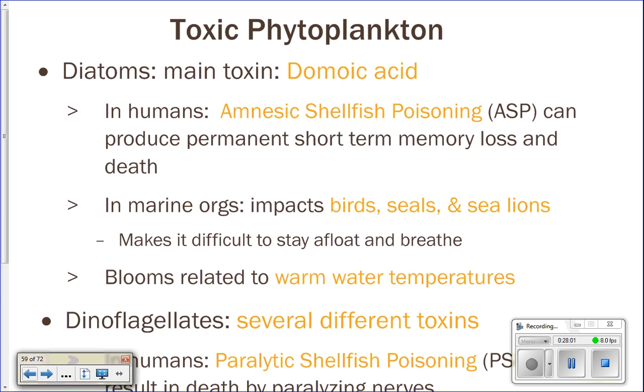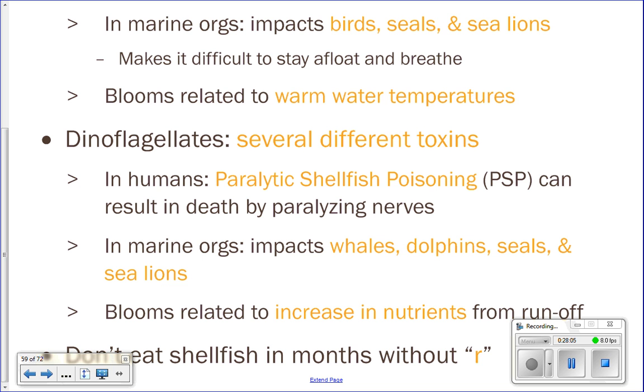So it's going to affect things like birds, seals, and sea lions. Dinoflagellates will affect whales, dolphins, seals, and sea lions as well. You'll see they'll be very disoriented. They'll look sick and have all sorts of problems. And it's probably because they got sick with this domoic acid poisoning.